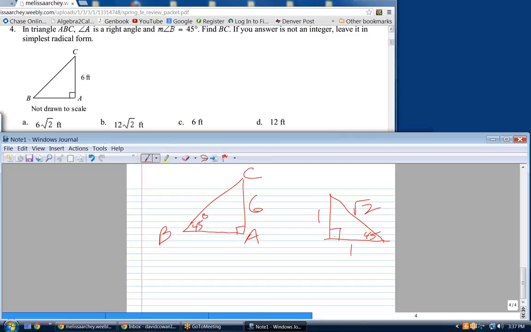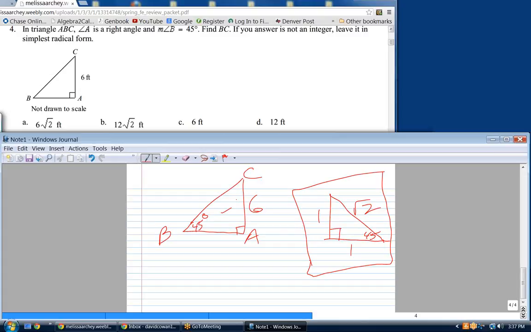So they're telling us one of the sides of this triangle is 6. What's the hypotenuse? This is your basic triangle. This is the one you always want to think of when you're thinking 45, 45. So what's the scale factor between this triangle we're looking at and our basic one? 6 to 1. Okay, so what's the hypotenuse?